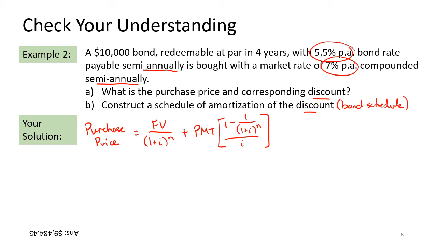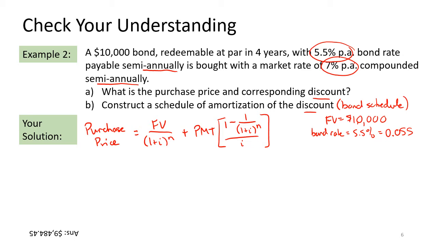So looking at everything we know in this question, our face value is $10,000. Our bond rate is 5.5%, which converting to a decimal is 0.055.